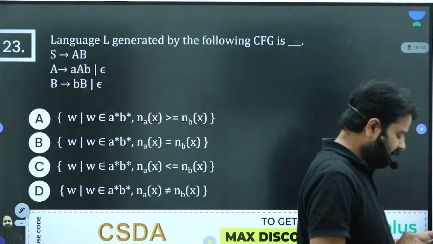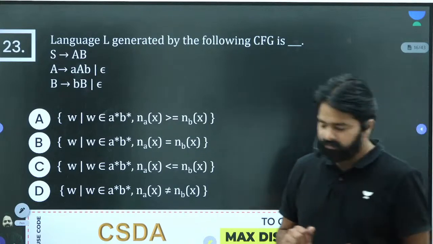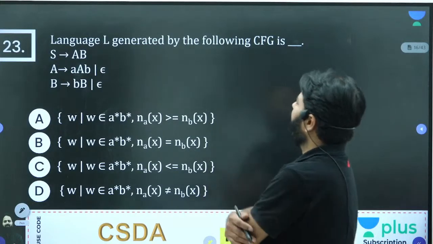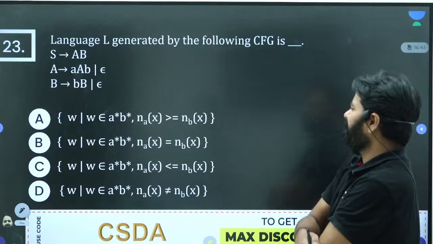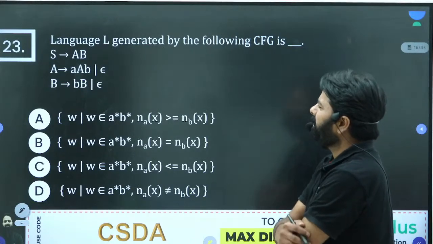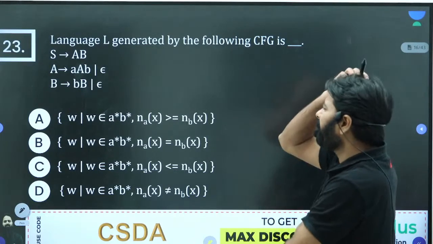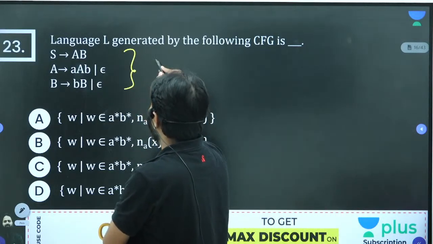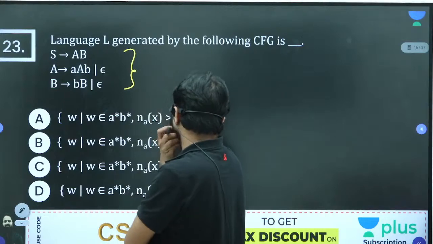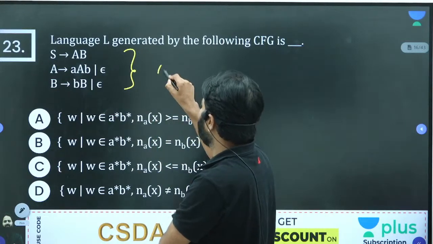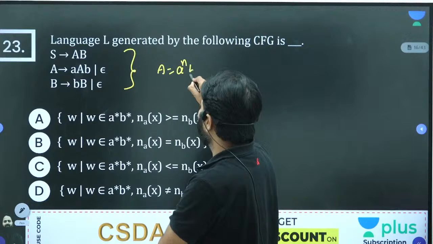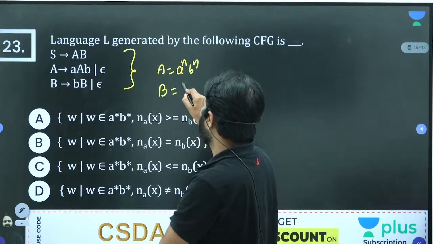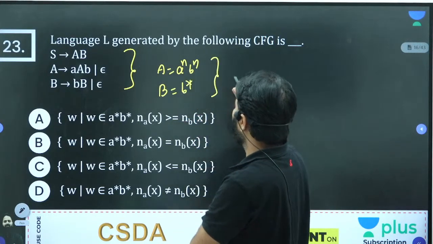Okay, what is the answer? I think this was easy, right? We tried this kind of question yesterday. What is it? A does A power n, B power n, and B does B star. So you are going to write AB, right?